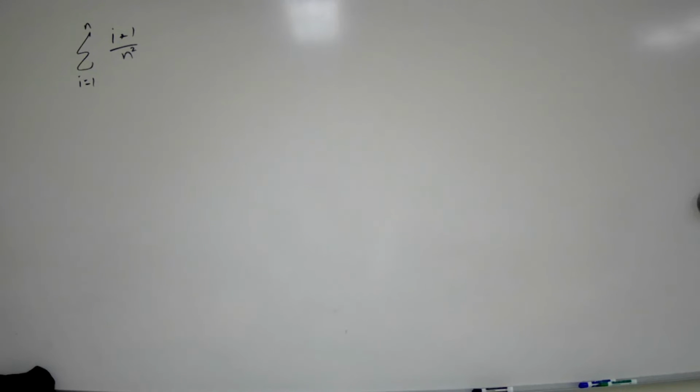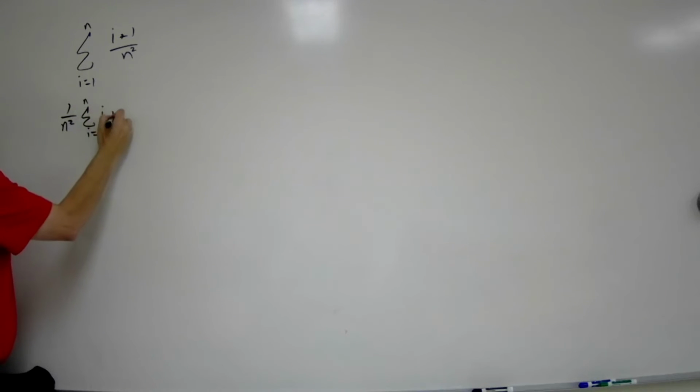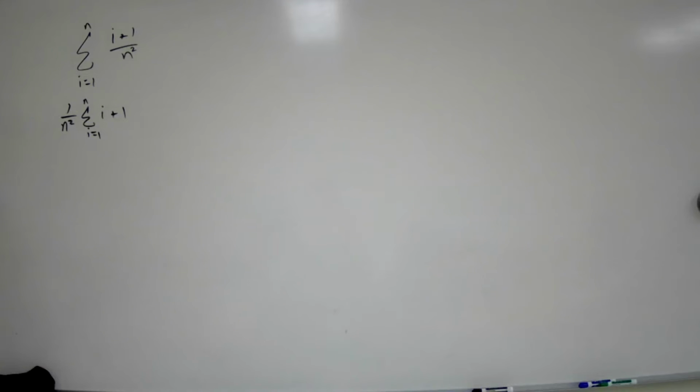All right. Here we go. This n squared means nothing to me, so I'm throwing it on the outside: 1 over n squared times the sum from i equals 1 to n of (i plus 1). I just rewrote it. Now, I'm going to break sigma up.